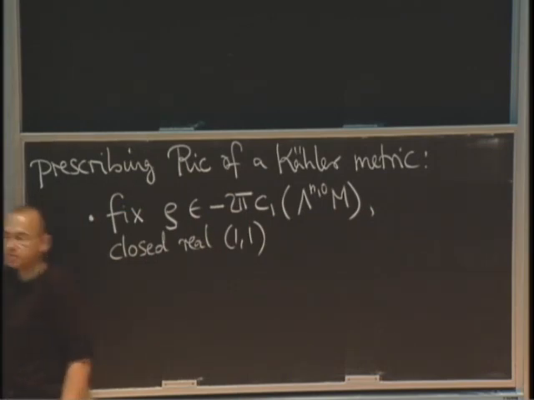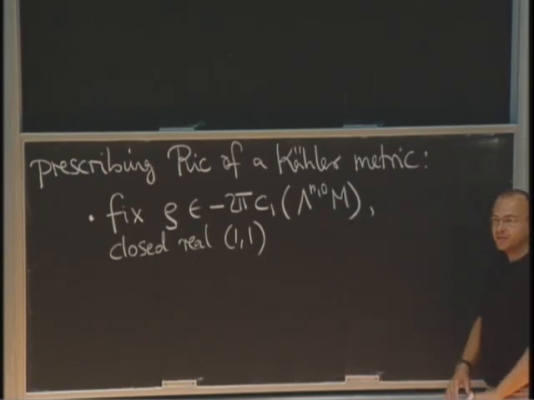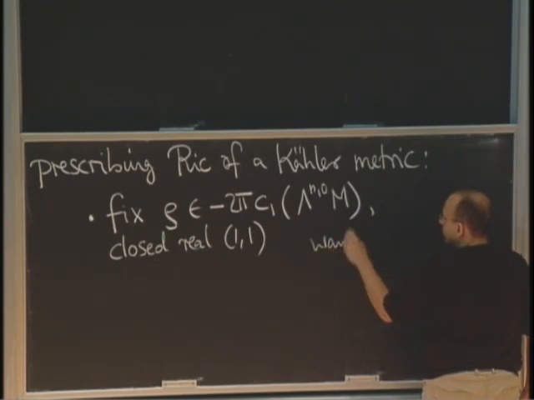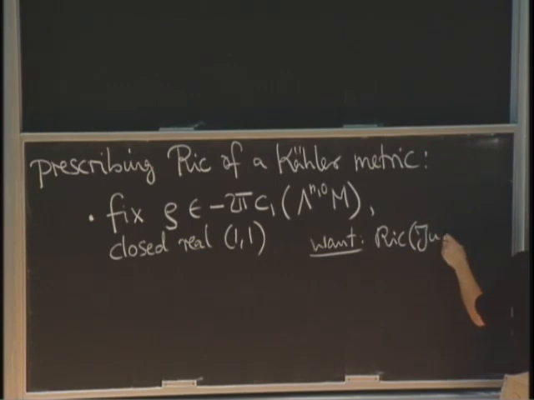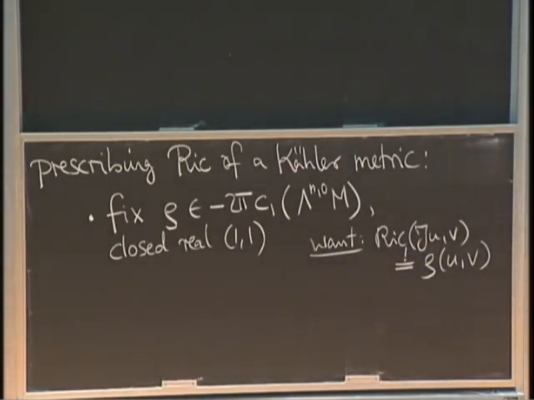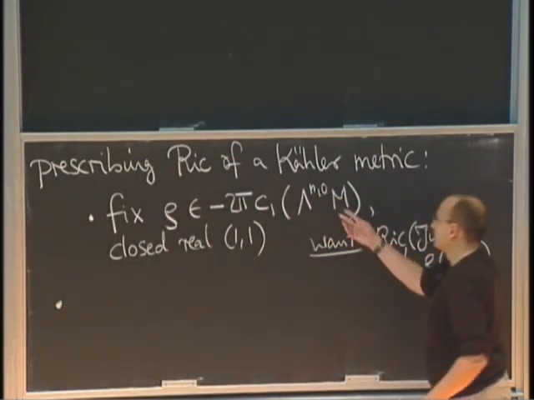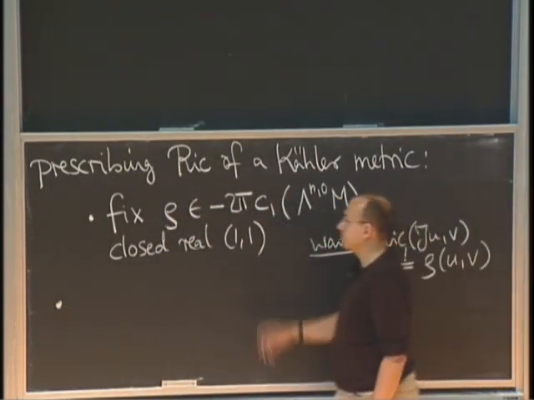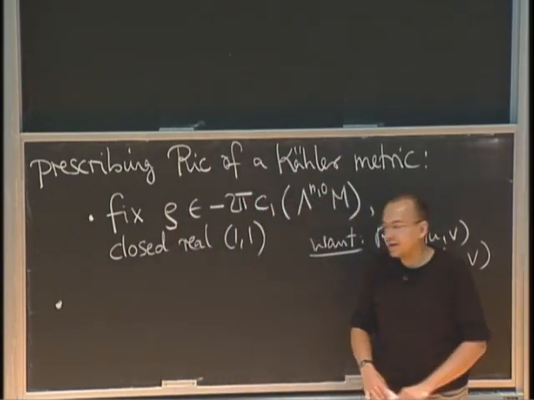I want to find a Kähler metric whose Ricci curvature is given by this prescribed 1,1 form. So now by the ddbar lemma, because it's a Chern class of a line bundle, I know that rho is definitely the curvature form of some Hermitian metric on the line bundle.